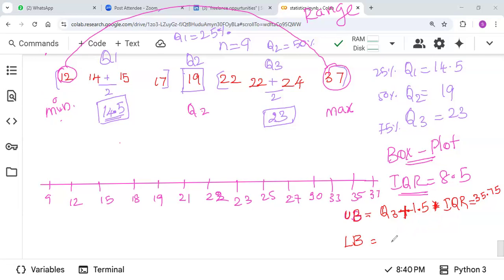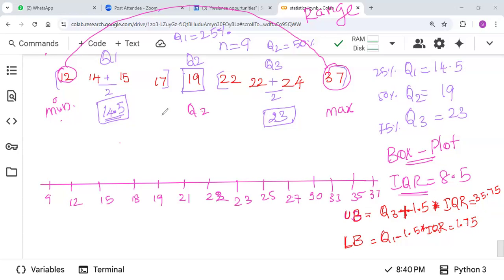So where is the lower bound? Q1 minus 1.5 into IQR, in order to identify the lower bound. Like 1.75, right? Yes.